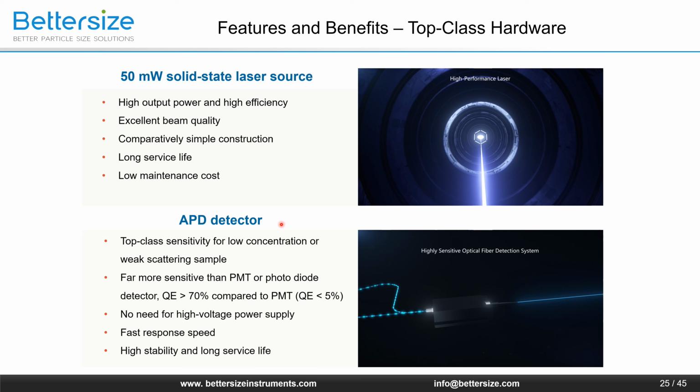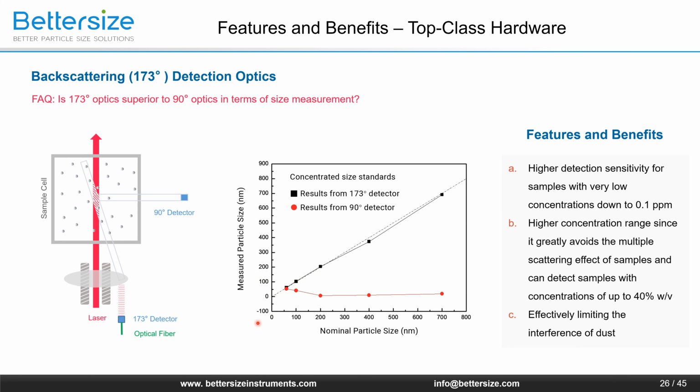APD is a more advanced detector than PMT because its quantum efficiency is larger than 70%, which is a huge progress compared to PMT. There's no need for high voltage power supply in the measurement and it effectively increases signal-noise ratios due to high sensitivity of the optical system.